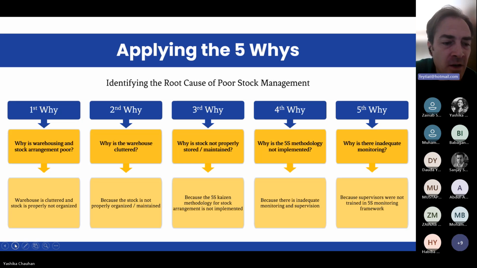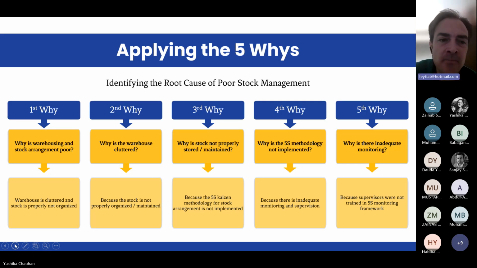Now, for me, why is warehousing stock management poor? Because the warehouse is cluttered and stock is not properly organized. For me, it doesn't answer the question because stock arrangement being poor is a synonym of not properly organized. To arrange something or to organize something is very similar.